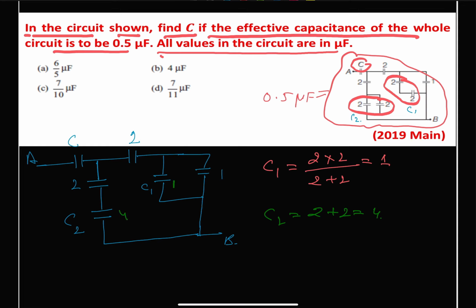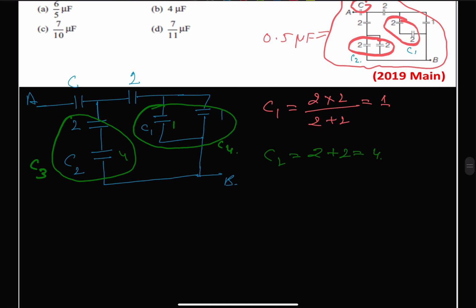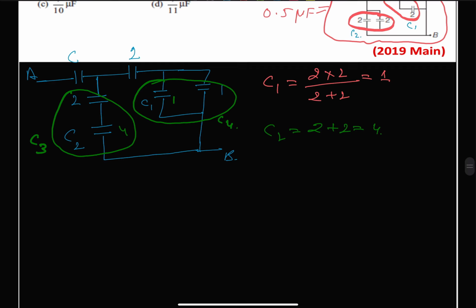Once again, these 2 will be in series and this will be in parallel. So let us call this C3 and this C4. We can draw an individual circuit, and this is our 2, and now we have this as C4, and here we have this combination as C3.